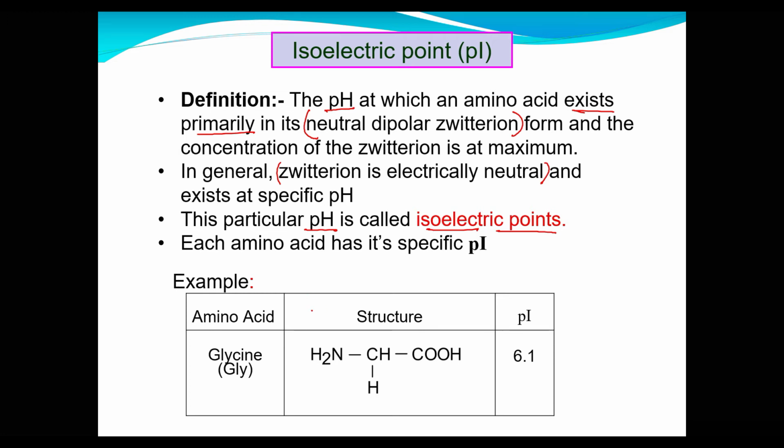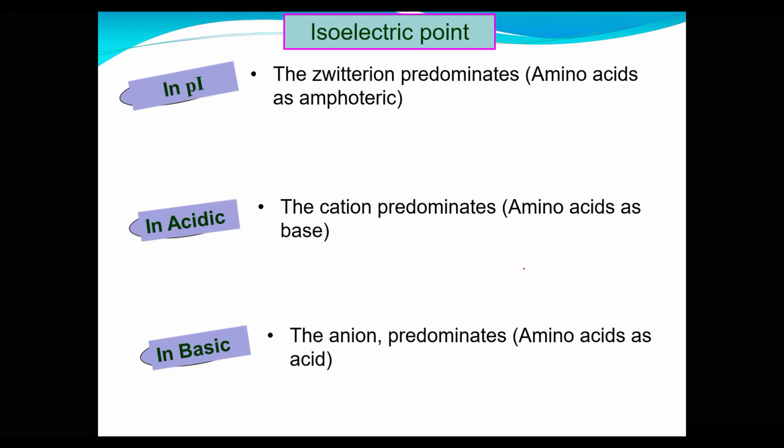Let us take an example over here, glycine. This is the structure of glycine. And glycine's isoelectric point is given as 6.1. Now, let us draw the structure of glycine at its isoelectric point, PI.